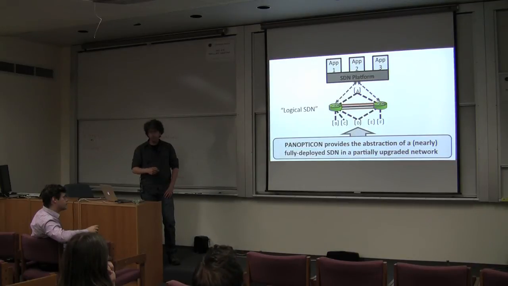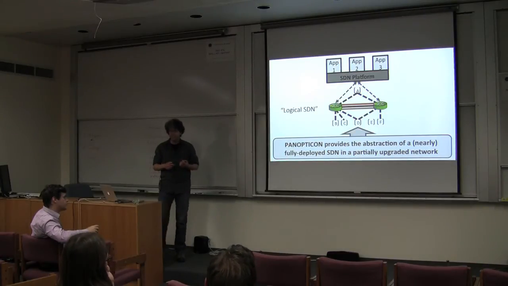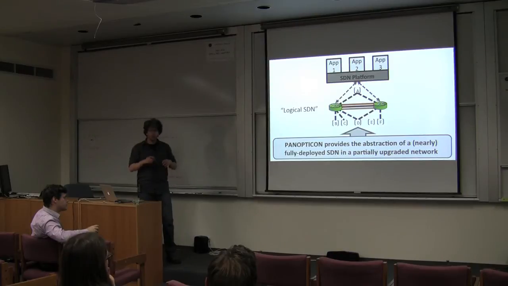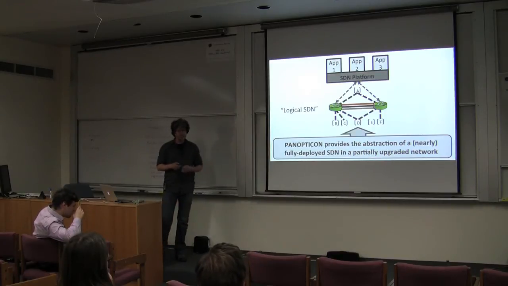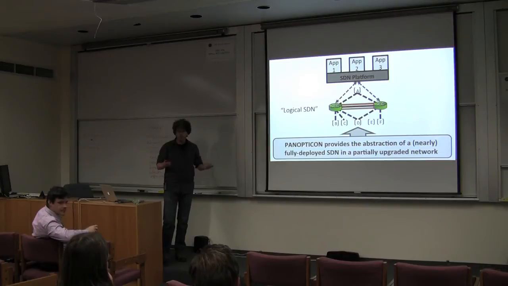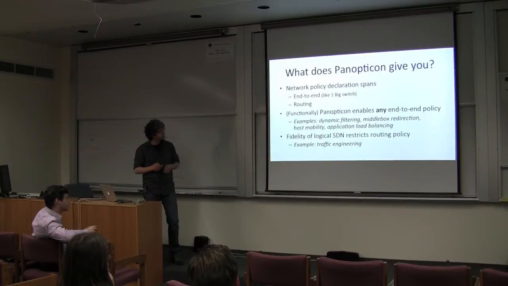Essentially, Panopticon provides the abstraction of a nearly fully deployed SDN whose fidelity, the fidelity of the view of the network, increases as more and more switches and routers get upgraded to support SDN. This is the basic principle of the Panopticon architecture.